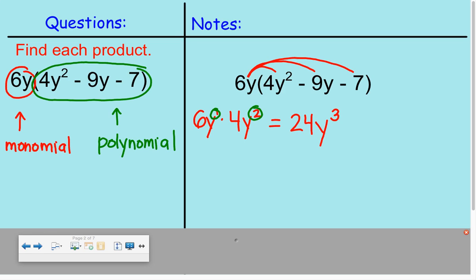Then when you do 6y times negative 9y, I would put exponents in for those as well. So anytime you have a variable but no exponent, it's as if there's a 1 there. So 6 times negative 9 is negative 54.